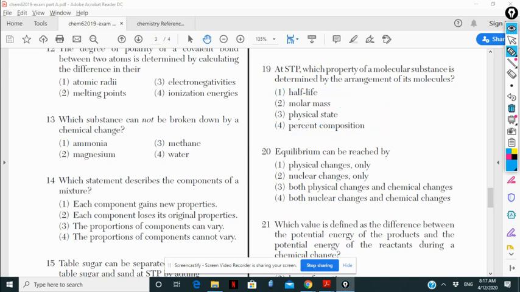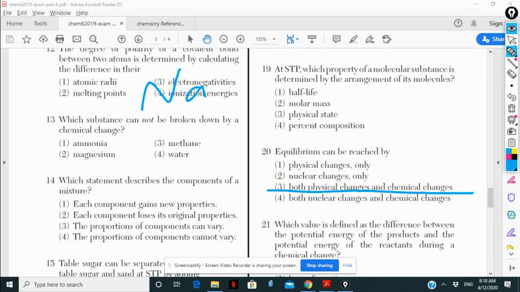Question number 20. Can equilibrium be reached by physical change only? No. Chemical change or nuclear change only? No. Both physical and chemical change. So the answer is three. How? Let me give you an example.